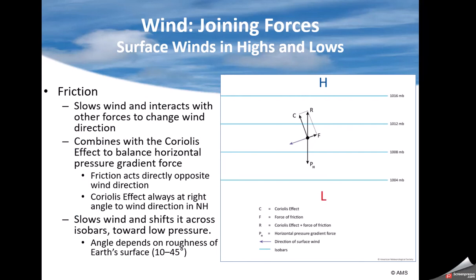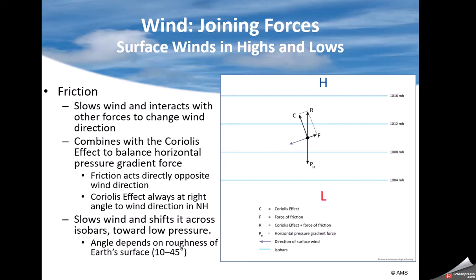Now, friction. What's it do? Well, if I'm near the ground, we have friction. Friction slows the speed of the air. If you slow the speed of the air, and Coriolis force is determined by the speed of the wind, the Coriolis force is going to get a little bit less.